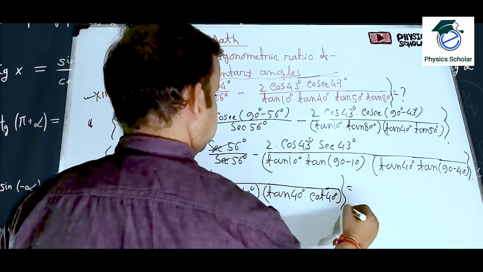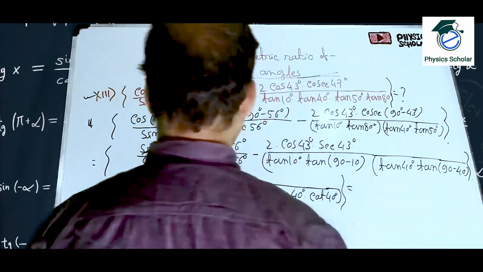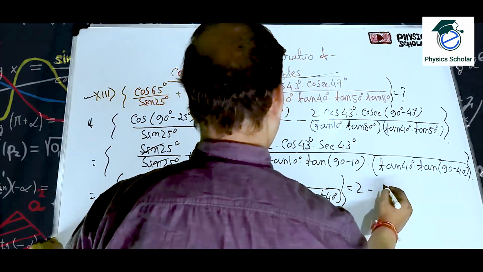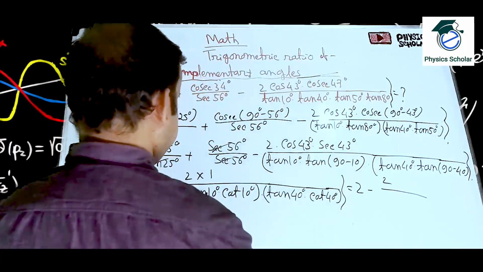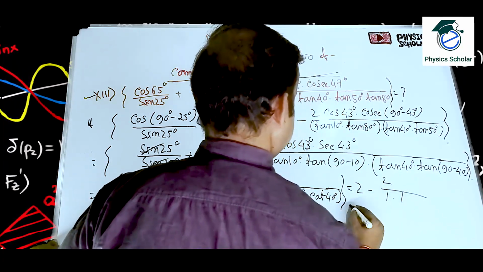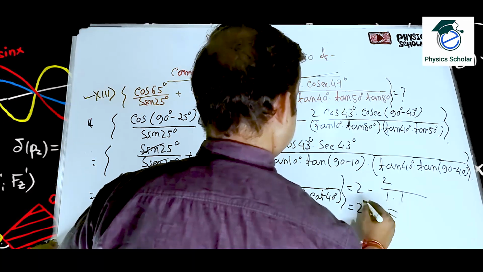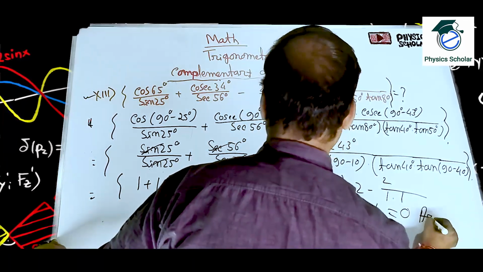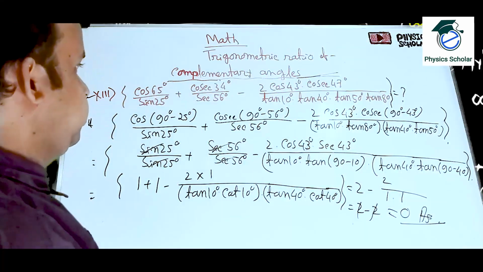So it is equal to 1 plus 1 means 2, minus 2 divided by tan into cot means 1, so 2 minus 2, it will be 0, so that will be your answer, clear.